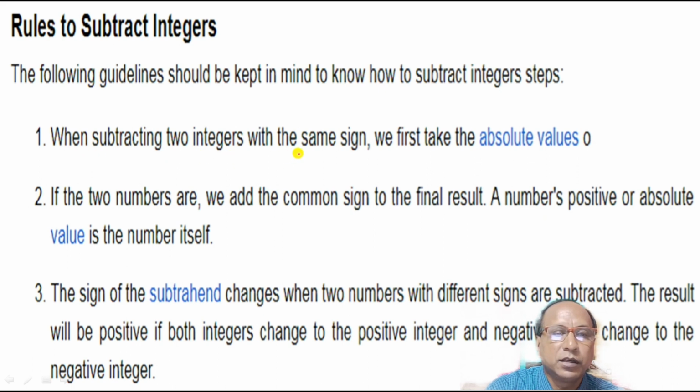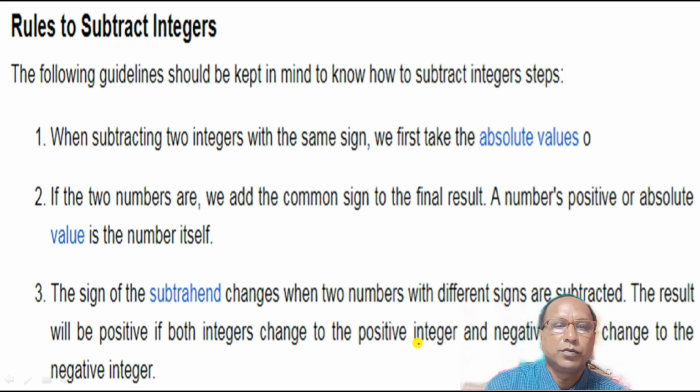If the two numbers are positive, we add the common sign to the final result. A number's positive or absolute value is the number itself. And the third one is the sign of the subtrahend changes when two numbers with different signs are subtracted. The result will be positive if both integers change to positive integers, and negative if they change to negative integers. These are the different rules.